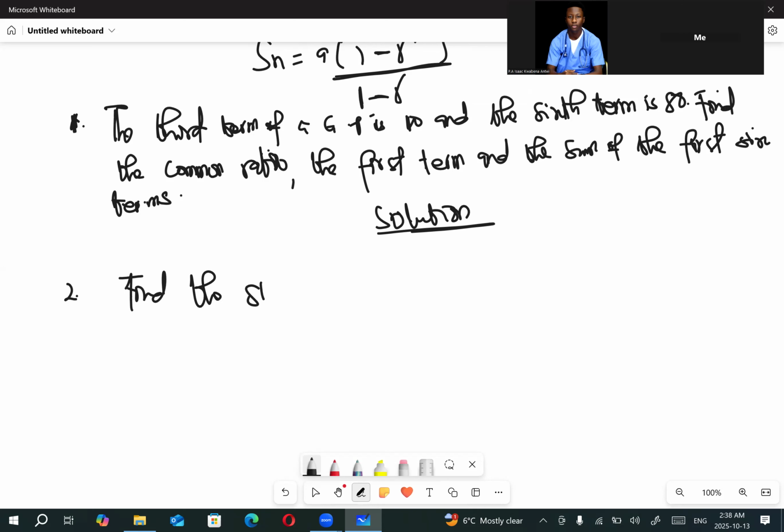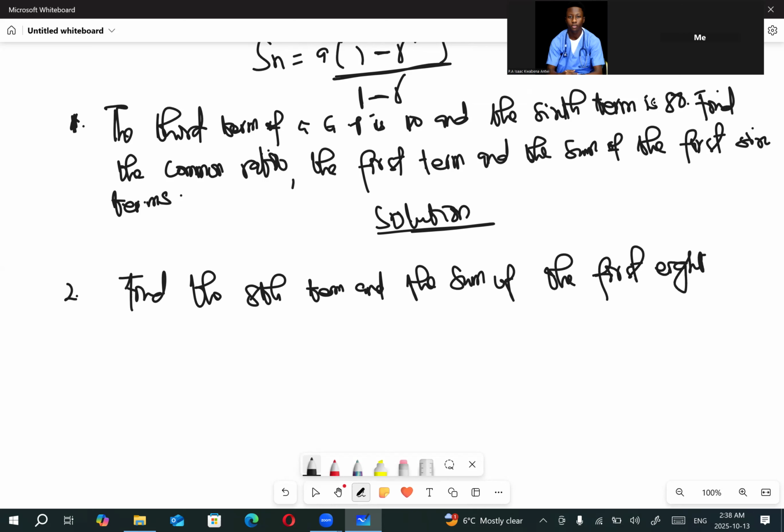Find the eighth term and the sum of the first 8 terms of the exponential sequence.